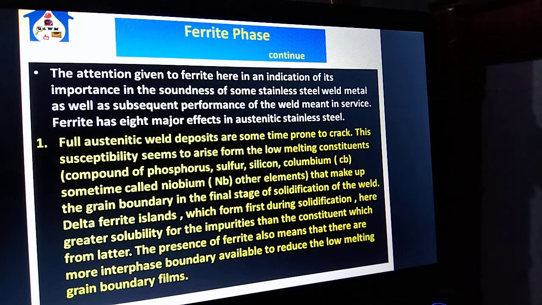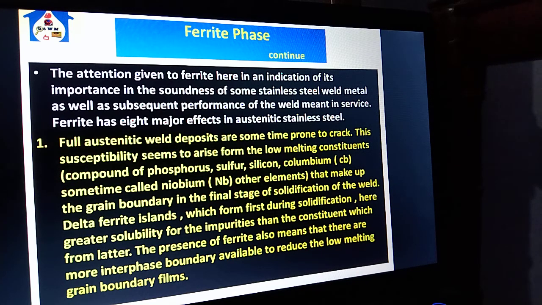The attention given to ferrite here is an indication of its importance in the soundness of the stainless steel weld metal, as well as the subsequent performance of the weld metal in service.